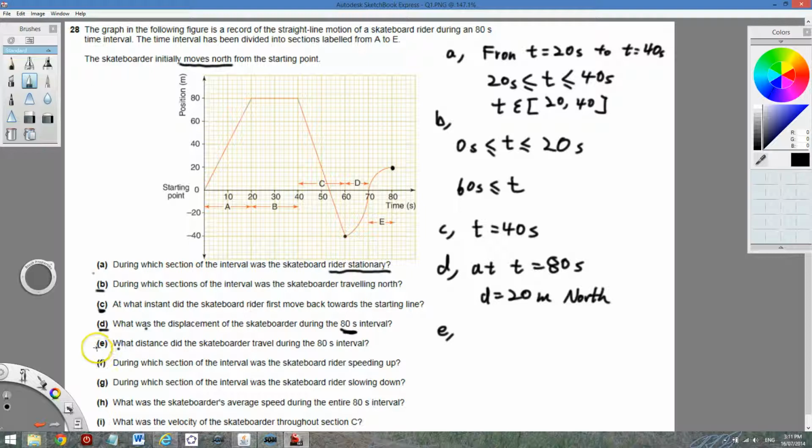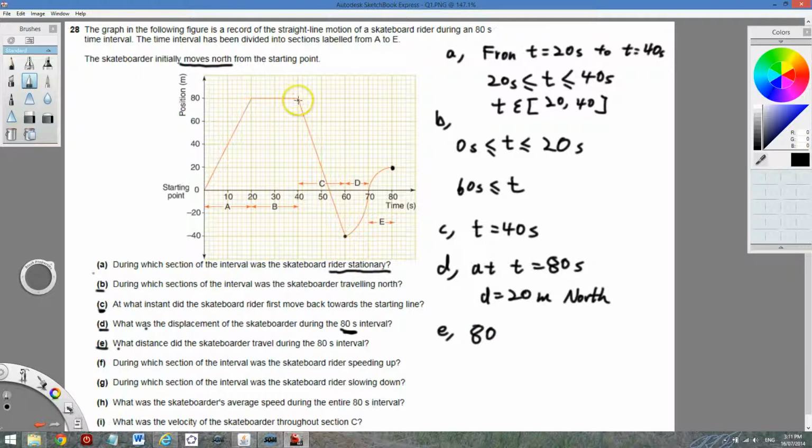Then the question asks, what is the distance during the 80-second interval? For the distance, we need to add up all the travel. Initially, for the first 20 seconds, it traveled from 0 to 80 meters. Then it stayed there.